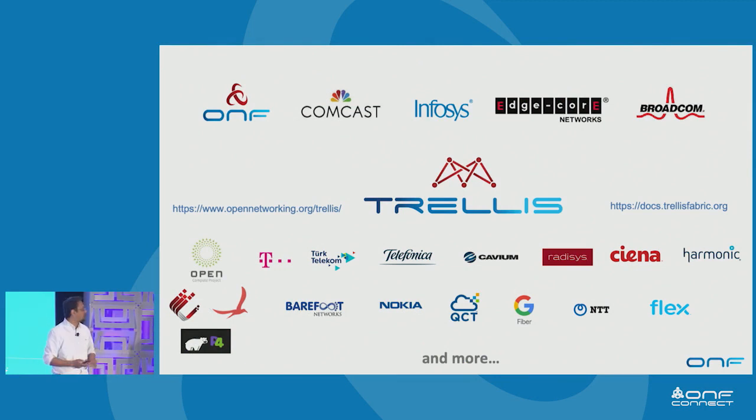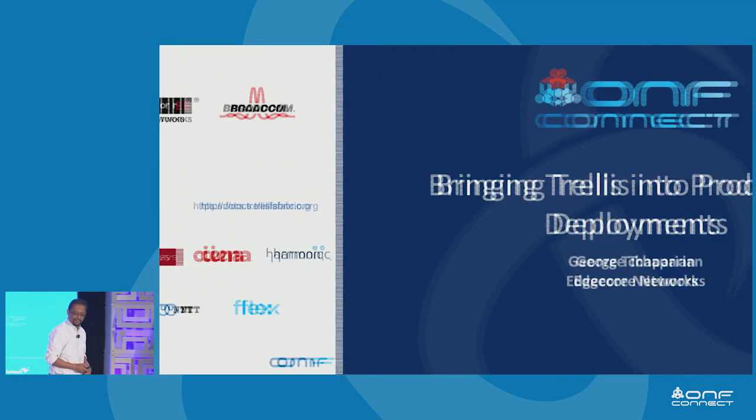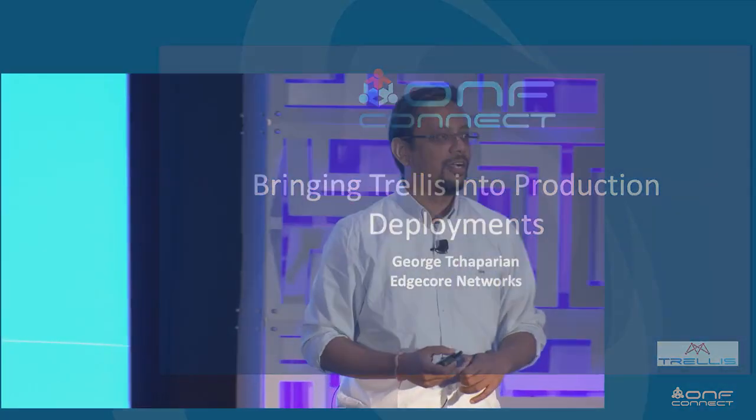So do take the chance to visit our documentation as well as the white paper that we have in these links. And with that, I'd like to invite George, who's the CEO of Edgecore, to tell us more about how Edgecore is involved with Trellis and ONF in general. Please welcome George.